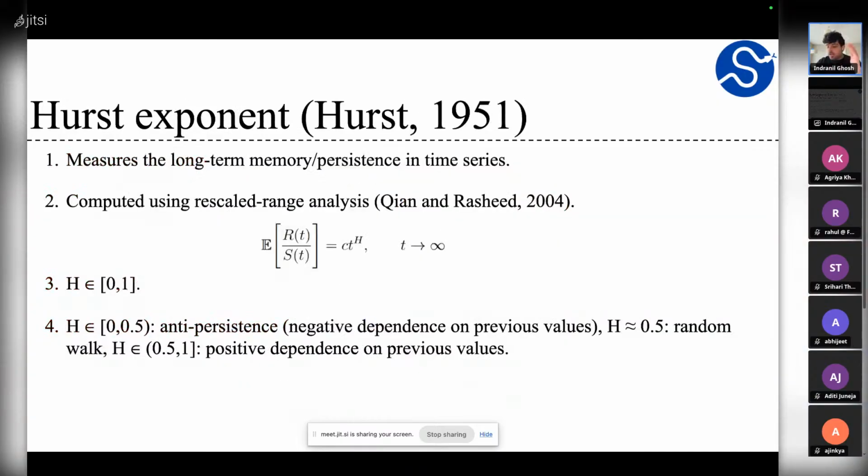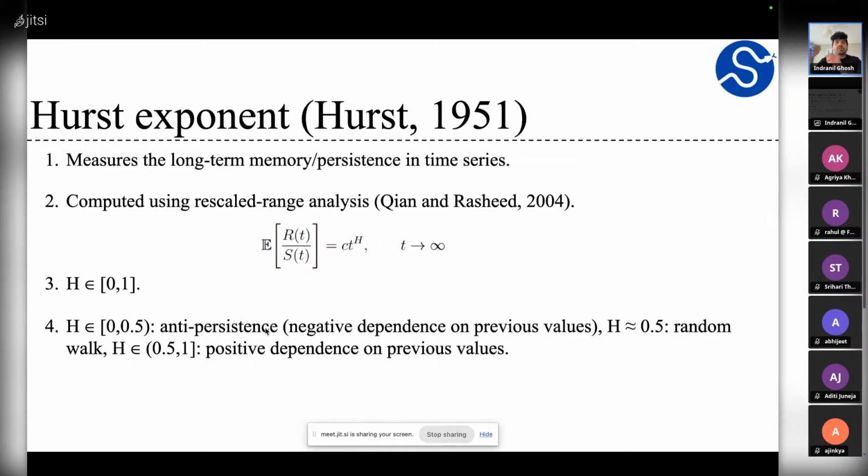I'm not going to talk too much about the maths behind it, but what the Hurst exponent does is it captures the expected value of the ratio between two functions of time, and it measures how fast it grows in time. So here H is the exponent, and it lies between 0 and 1. If it lies between 0 and 0.5, that means the time series is anti-persistent, which means at a particular timestamp, if the trend is to go up, in the next timestamp, it can either go up or go down.